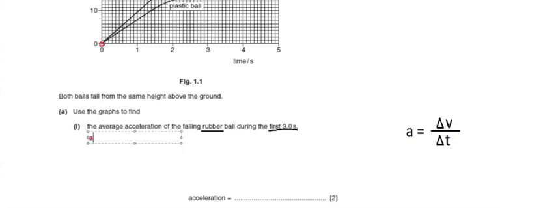Acceleration is nothing but the slope, that is the final velocity minus the initial velocity divided by the time. That is nothing but the change in the velocity divided by the change in the time.